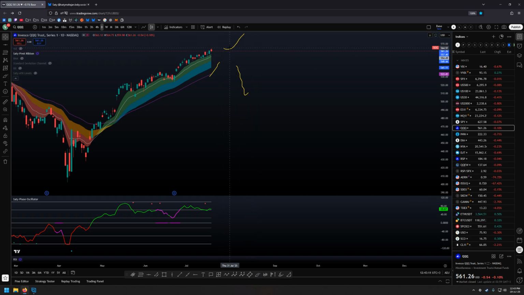I'll delete these things. Let me try to draw this. So this will shrink as price goes lower. And eventually, let's say the price goes lower and starts turning the ribbon into resistance.